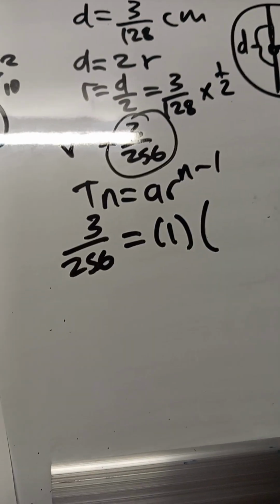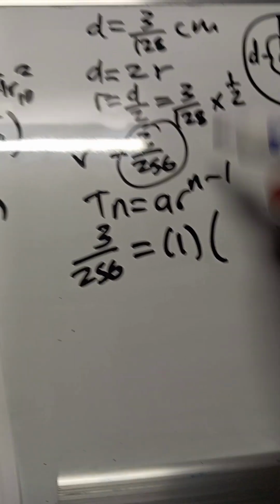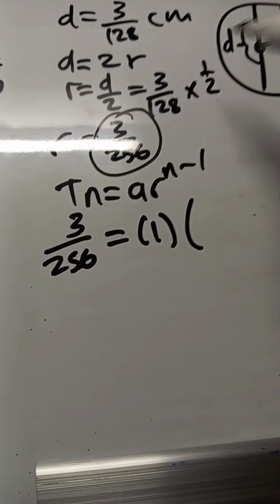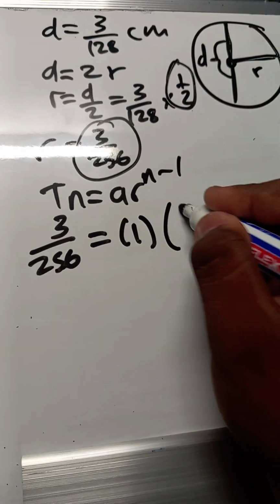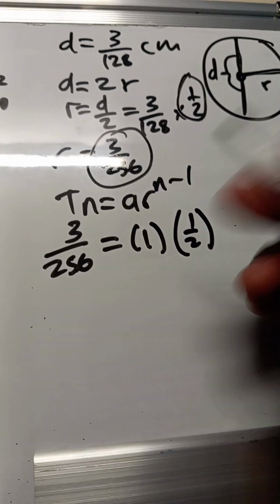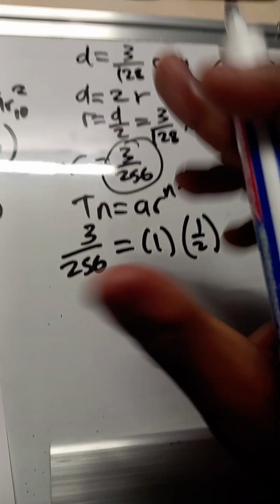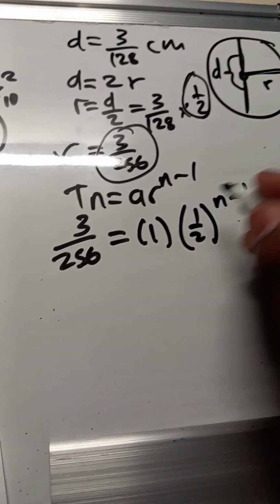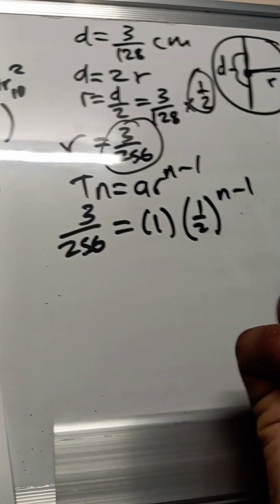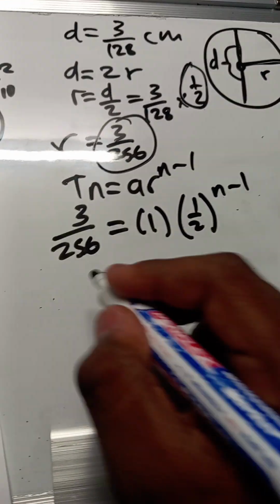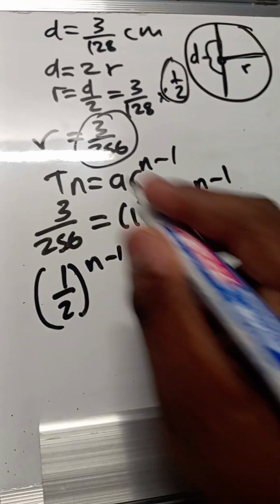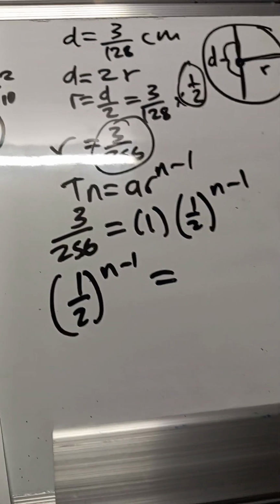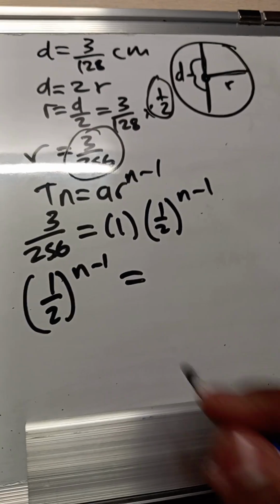It's going to be half, the one that I had there, because the radius is half of the diameter. Then n minus 1, because I must find the value of n. So basically it is the same as saying I have 1 over 2 to the n minus 1 equals 3 over 256.